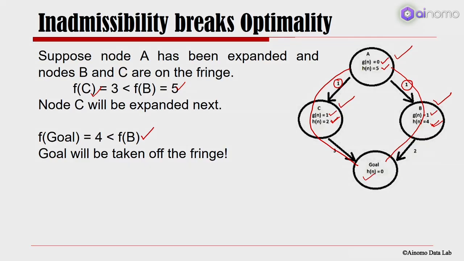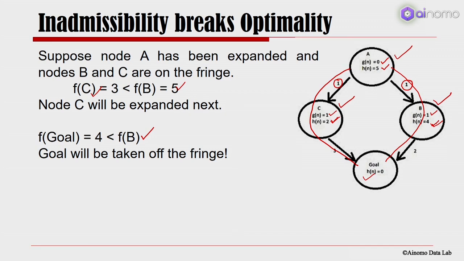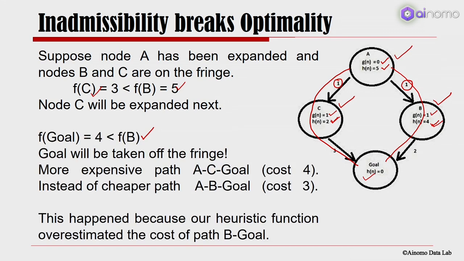This is precisely because of the following reason. We have estimated here that the cost to the goal would be 4, whereas the actual cost was only 2. We made an overestimate. Making an overestimate spoiled this path for us, and therefore we were not able to get the optimal solution. A more expensive path, which is of cost 4, was given to us instead of the cheaper path, which is A, B, goal, at the total cost of 1 plus 2, which is 3.